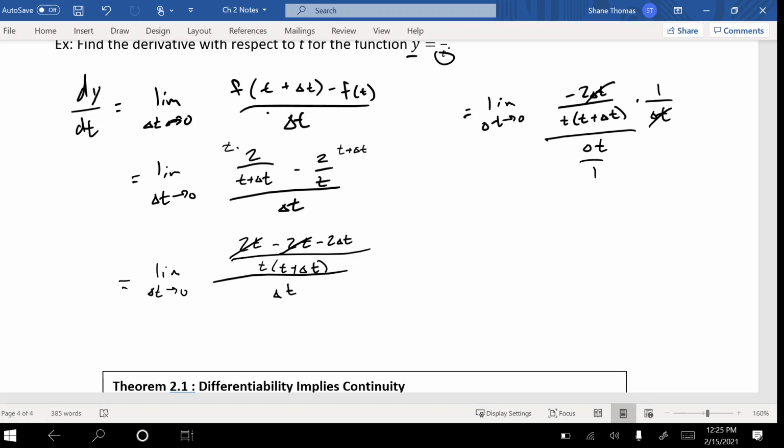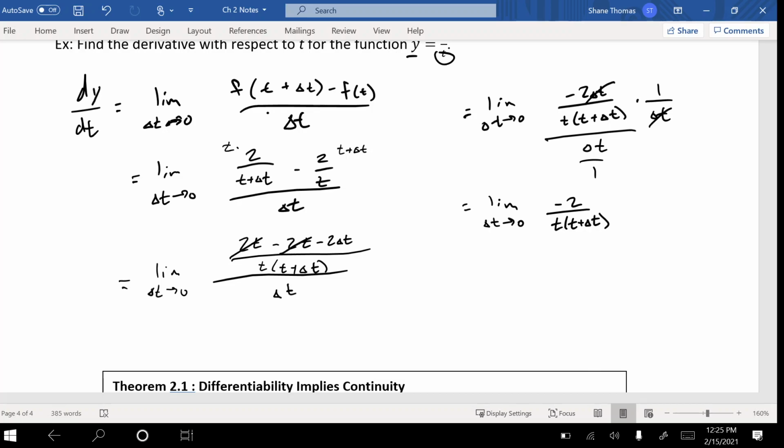Now that's going to leave me with the limit as delta t approaches 0 of negative 2 over t times t plus delta t. Now, can I plug a 0 in right now and get away with it? I can, because I'm still going to have t times t, and then t times 0.